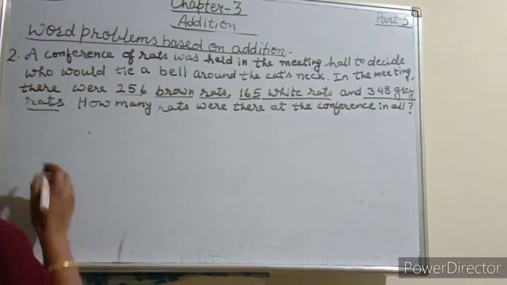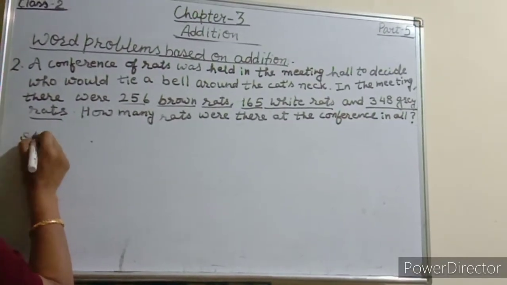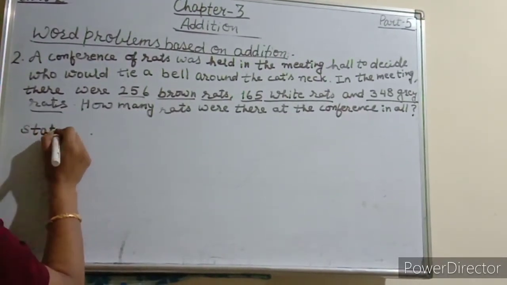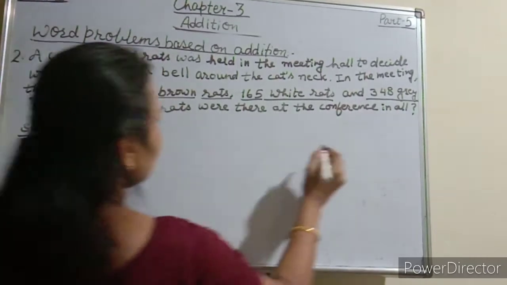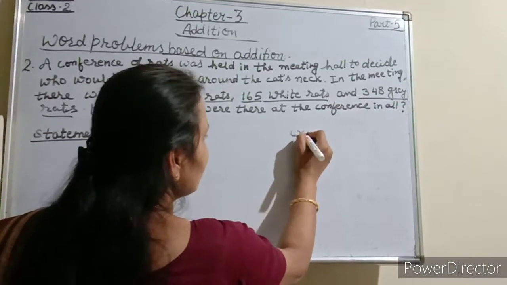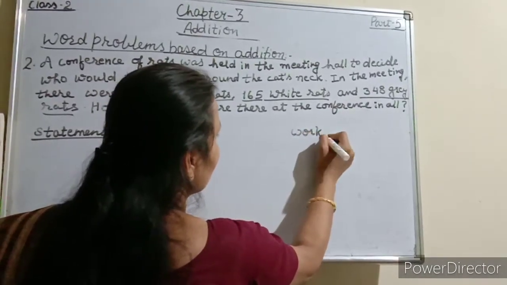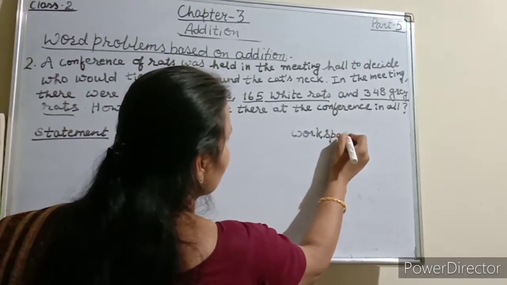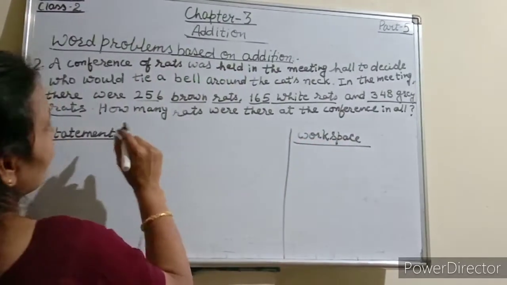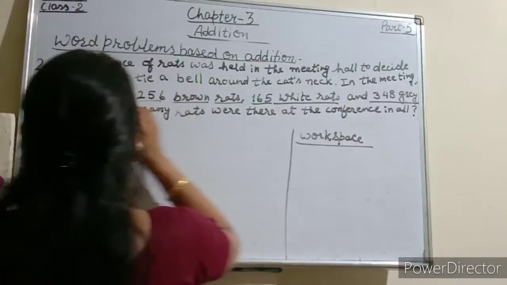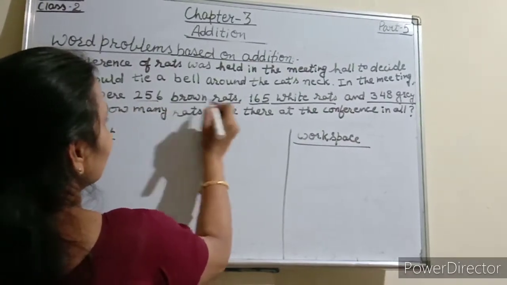We have to add. So, write here statement and here workspace. See, in the meeting there were 256 brown rats.